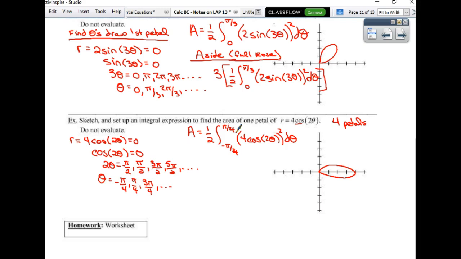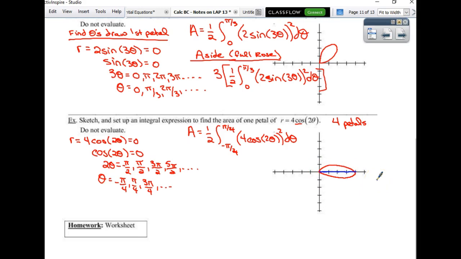Which number are we kind of obsessed with when it comes to getting as a limit of integration? I really like 0. 0 makes my life so much better. Well, if I go from negative pi fourths to pi fourths, that would be this initial drawing, right? And do you agree that this is a beautifully symmetric shape over the x-axis?